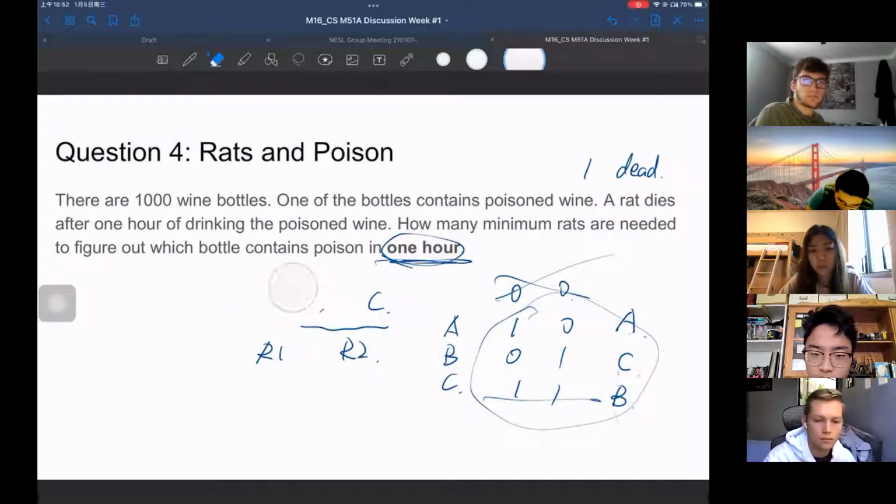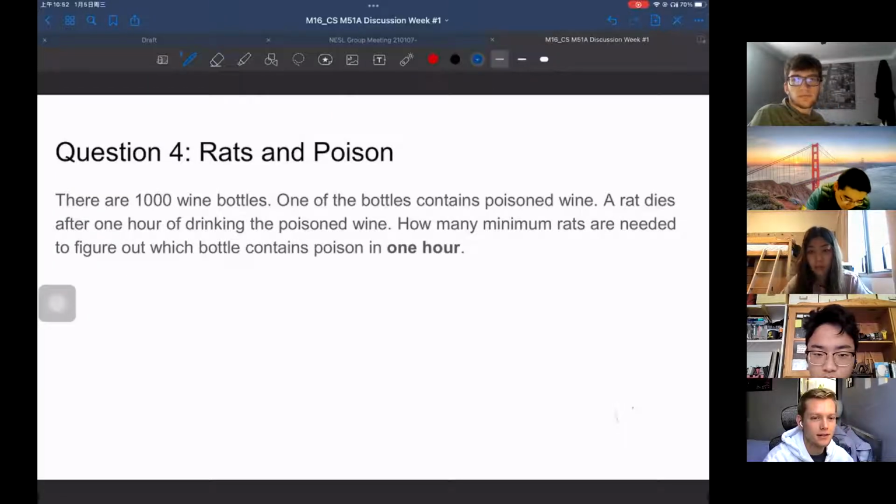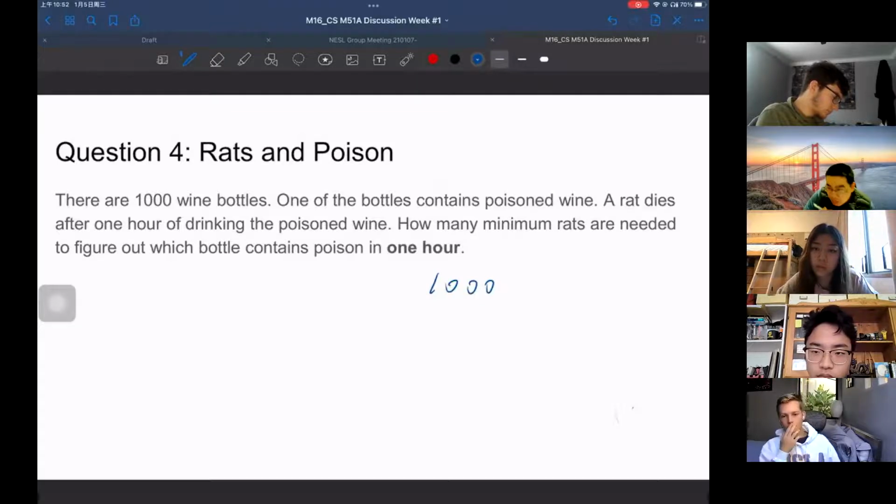Now we have 1,000 wine bottles. How many minimum rats? You just need to encode to create these states. You need log base 2 of 1,000. You need to create 1,000 different non-overlapping states of life and death, and each rat can be either alive or dead.